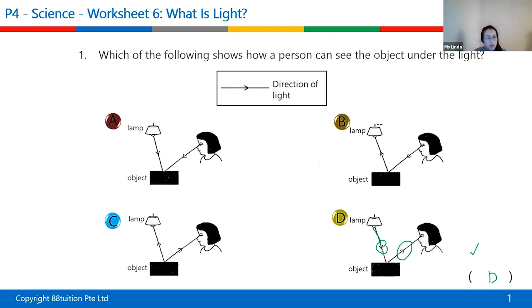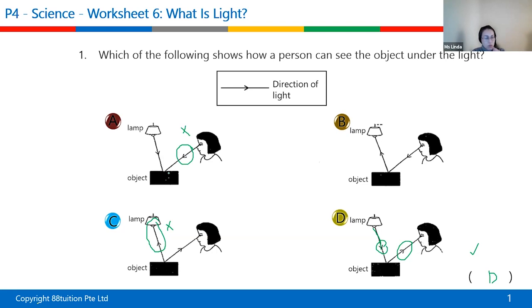You can never draw the arrow pointing from the object to the lamp. No. And basically make sure that the light travels from the lamp to your eyes, not from your eyes to the object.